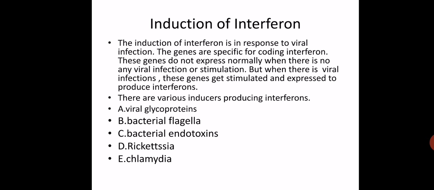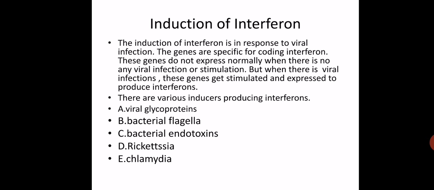Being antiviral in nature, it inhibits viral multiplication, and whenever there is a stimulation by viral antigen, the cell secretes interferon. So we are discussing here the different types of interferon, as well as induction of interferon and mechanism of interferon action.